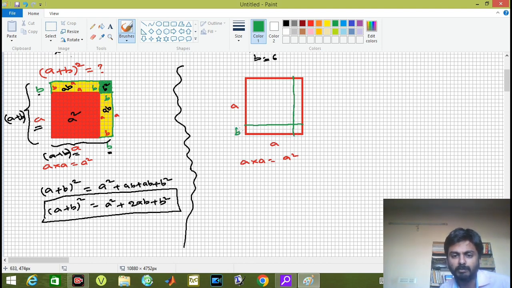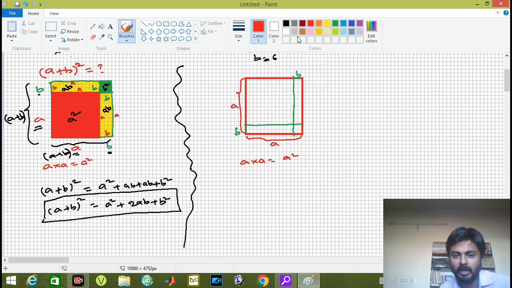Now what will be the remaining area? Already I am having an entire area as a square, given by the entire length A and entire breadth A. Now I want to find only a small area that has a new length and breadth.